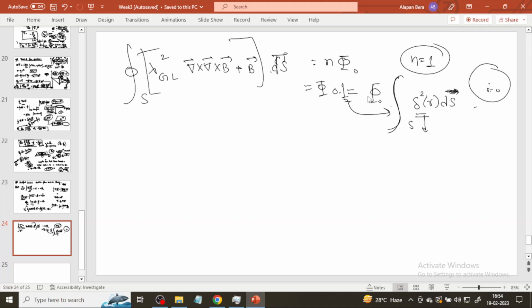Now both of these terms have the area integration, so the integrand of both terms has to be the same. This implies that curl of B plus B is equal to, so we have now equated the integrand.